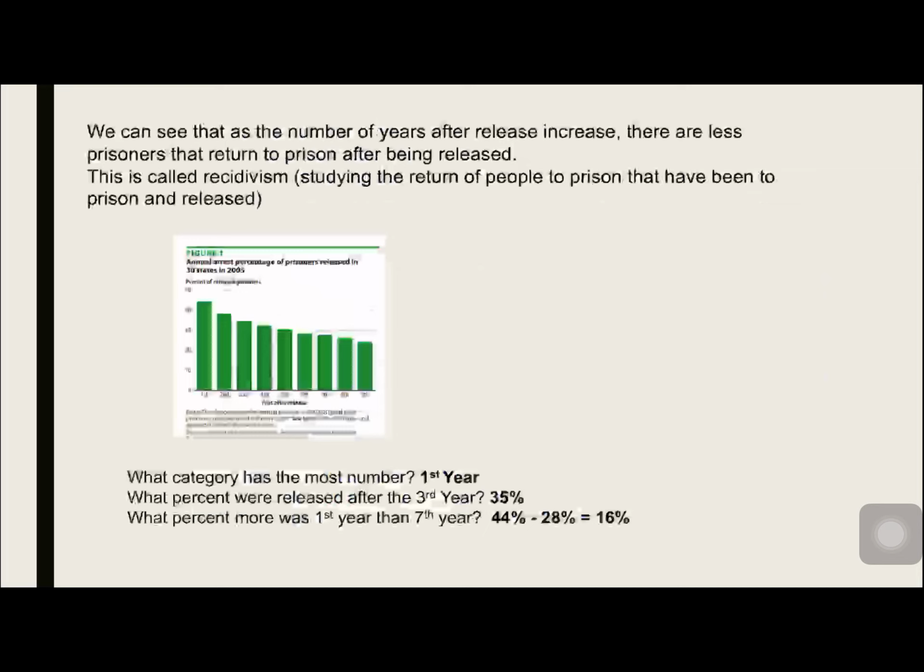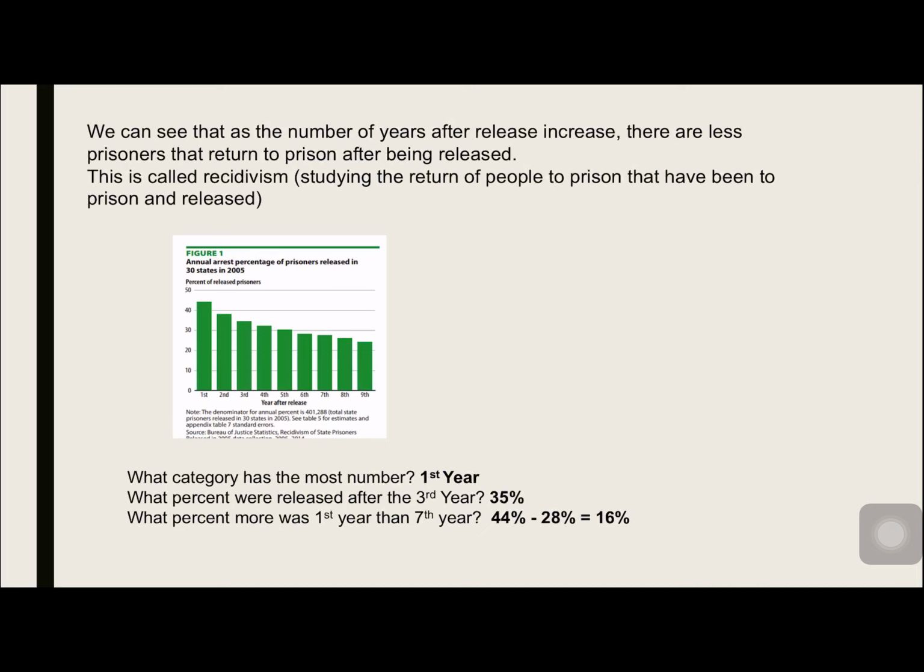This graph is about recidivism, which is studying the return of people to prison. This means people that went to prison, were released, and then went back. Okay? They went to prison, they were released, but then they did something else and went back to prison. So it's studying people that have been to prison more than once.